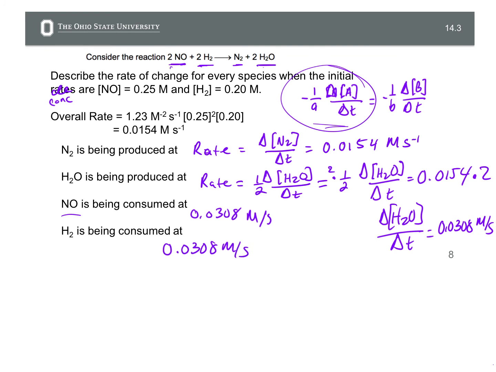Those stoichiometric coefficients are all 2. The rates of either disappearance or consumption and the rate of production of H2O, those are all going to be the same. Super thrilling. Okay.